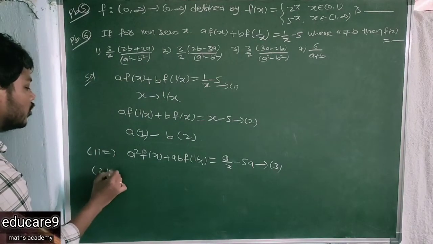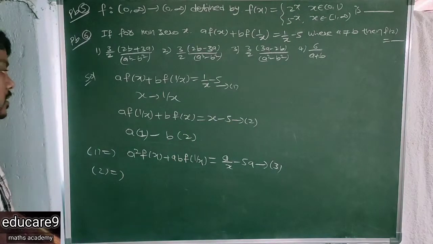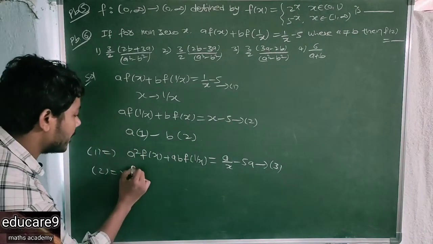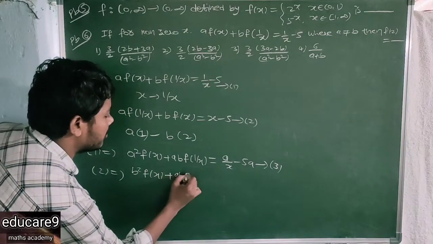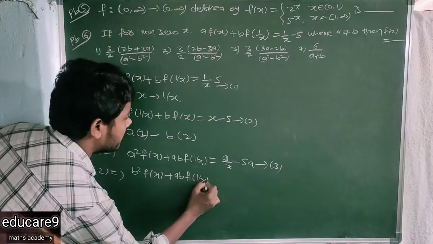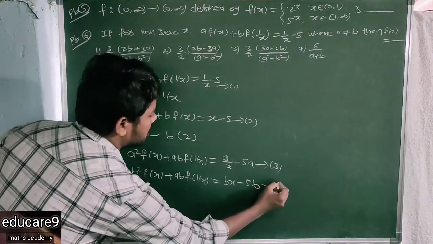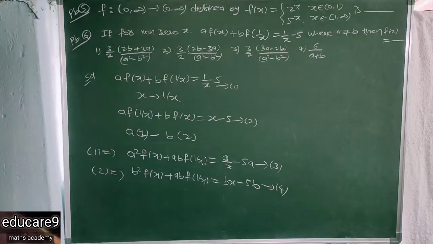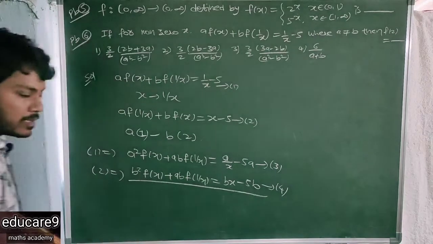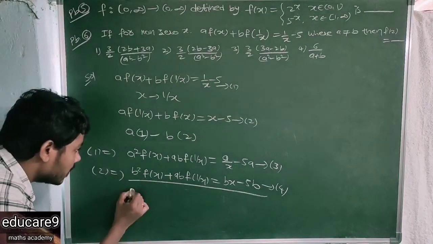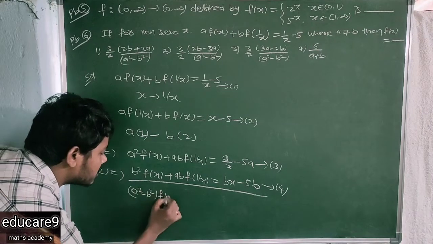Now equation 2 implies b into what? That is b²·f(x) + ab·f(1/x) is equal to bx − 5b. This is equation 4. Now subtracting these two, that is (a² − b²)·f(x).